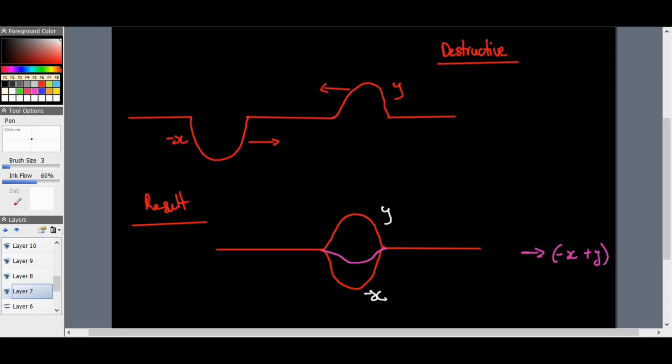It's the result of negative X plus Y, which yields a decreased displacement of the medium at the point at which they overlap, before they carry on in their respective directions.